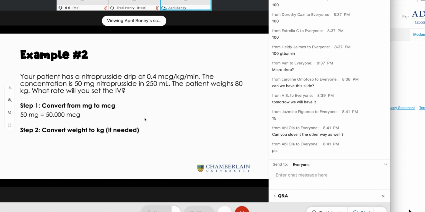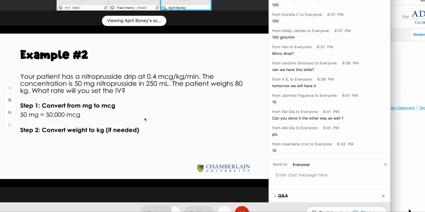We can't work with micrograms in our order and milligrams in our concentration. You can convert whichever way you want. It doesn't matter as long as they're the same. So if we want to go from milligrams to micrograms, we multiply times 1,000. Micrograms is always a bigger number than milligrams, so you multiply times 1,000. That gives us 50,000 micrograms in 250 milliliters. That's our concentration now.